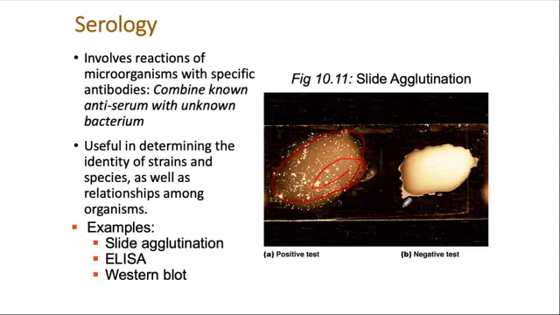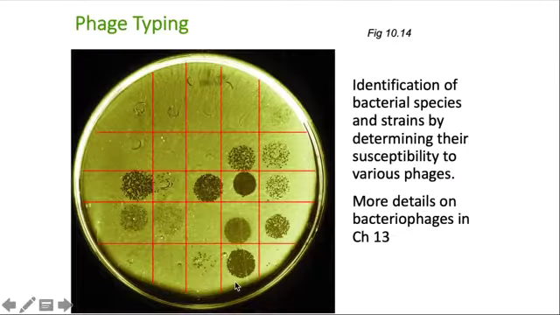So bacterial or microbial proteins are separated by electrophoresis, and then they will react with antibodies. And if there is a reaction, you can tell that it's that particular organism that you are working with.